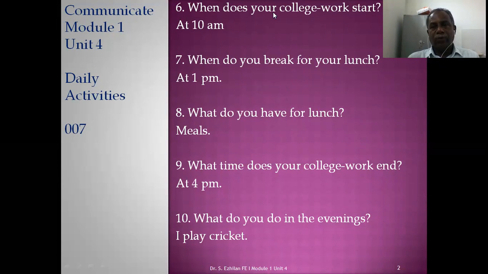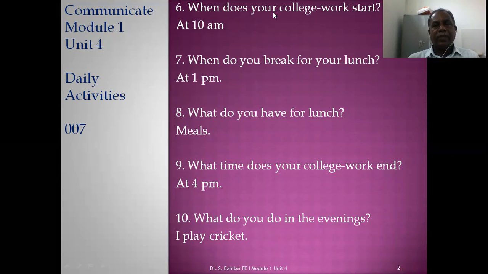So we go for break in the afternoon for lunch, and they are asking, when do you break for lunch? Usually we break at 1 p.m. or 12:30 p.m. or 1:30 p.m. to make a change. So I repeat the question. When do you break for your lunch?